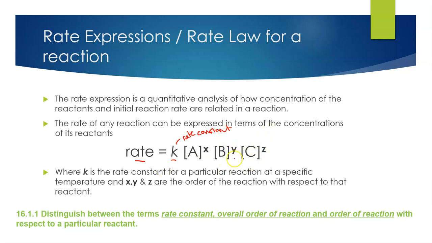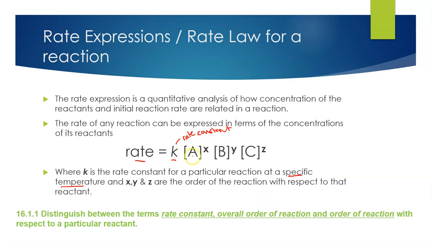When we define each part of this expression, we get that k is the rate constant for a particular reaction at a specific temperature. So again, just like equilibrium, we are talking about a particular reaction at a particular temperature. If we change the reaction or we change the temperature, k is no longer constant. Then x, y, and z are what we refer to as the order of the reaction with respect to that reactant.